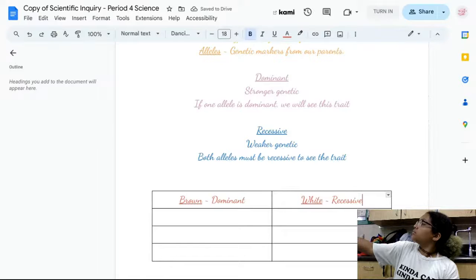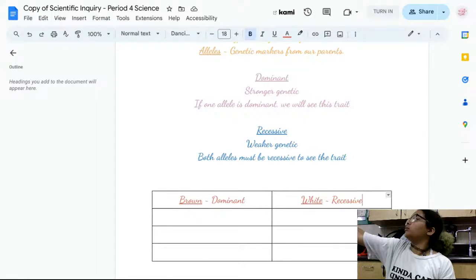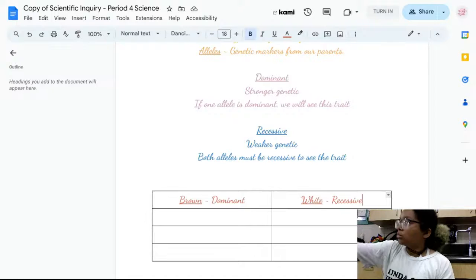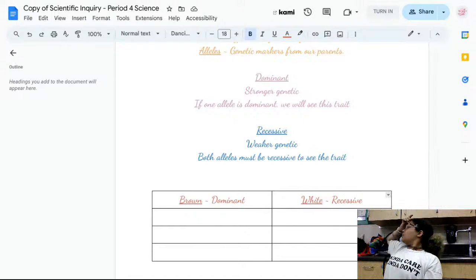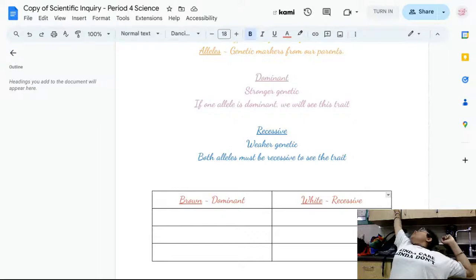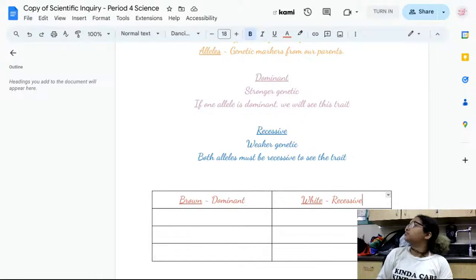These are the genotypes, and we need to determine their phenotypes. The two phenotypes we can have are brown and white.